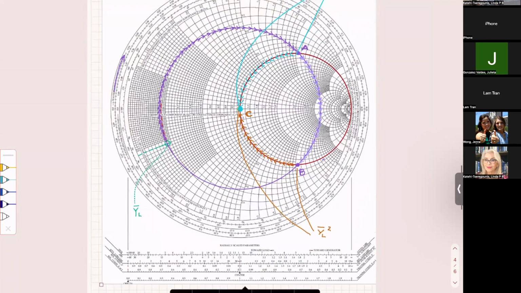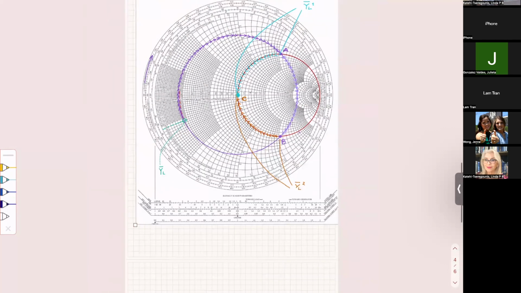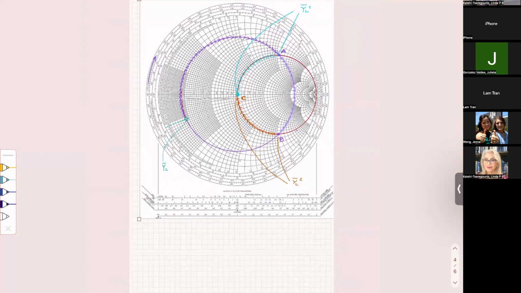But in one case, I have to travel from my YL point to A, the other I have to travel to B. So I have 2 different possibilities. So let's see how many possibilities I have here.